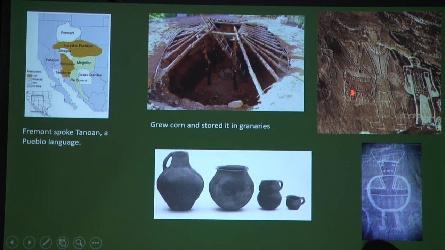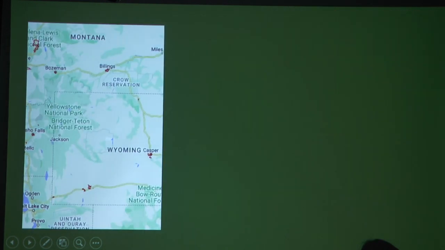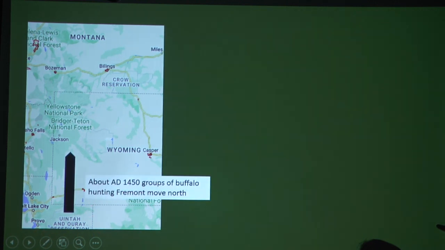This is at a site called McConkey Ranch at Vernal, Wyoming. And you can see that they incised, they did the same kind of smoothing off of the surface and putting on the paint and making stuff in very much similar fashion. What we think happened is that coming out of Utah, where they were down here, partially into Colorado and Fremont, all through this area right here, some of those Fremont moved north about AD 1450.